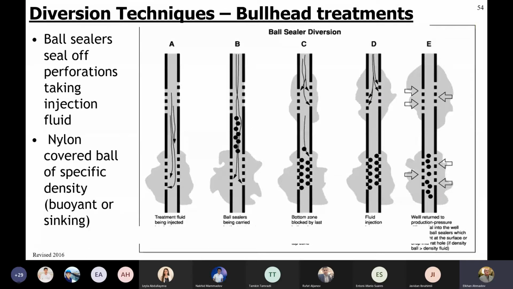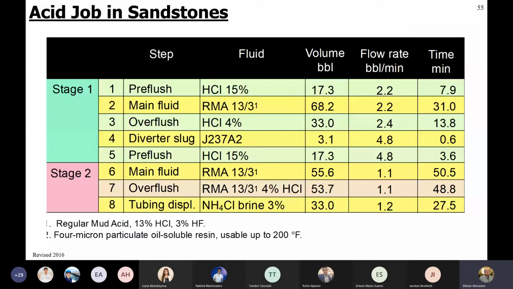So this is an acid job, a typical acid job design for sandstones, where we pre-flush with HCl 15% to clean all the carbonates, the calcium carbonates, before injecting the regular mud acid.